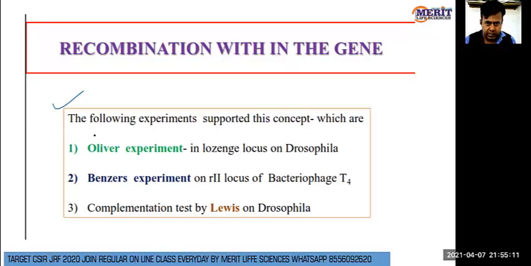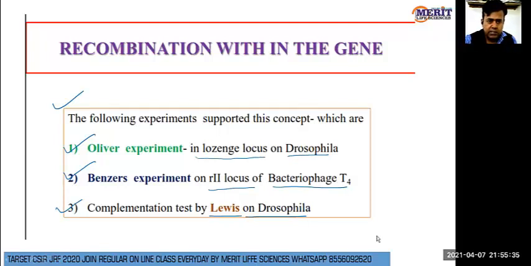For example, in Oliver's experiment, there was the lozenge locus on Drosophila. In Benzer's experiment, which locus was there? The rII locus was there in bacteriophage T4. The complementation test was by Lewis on Drosophila.